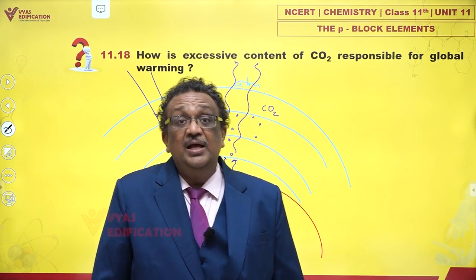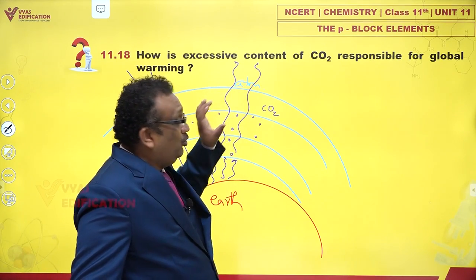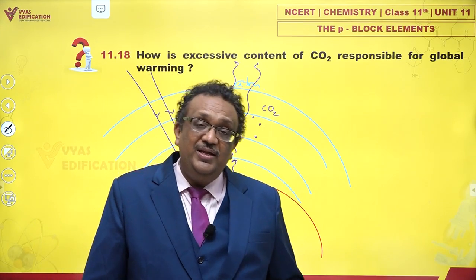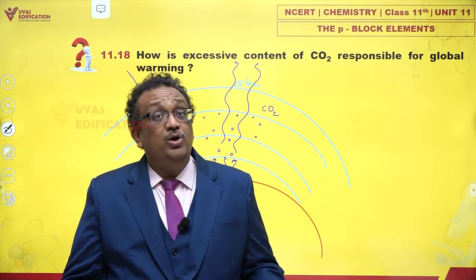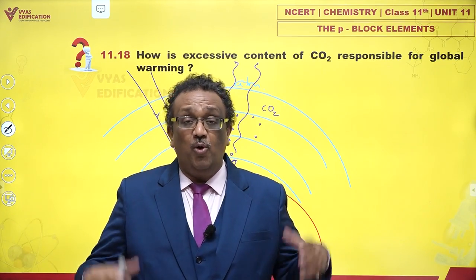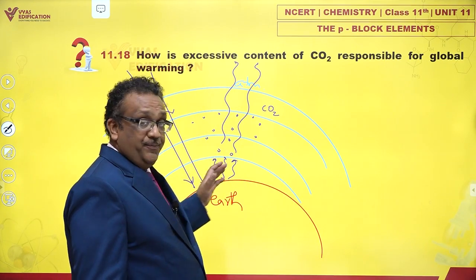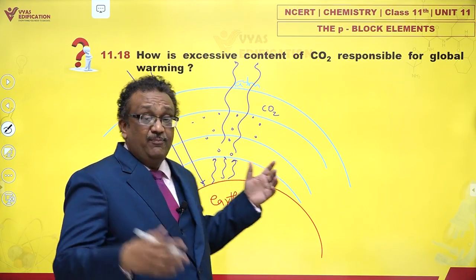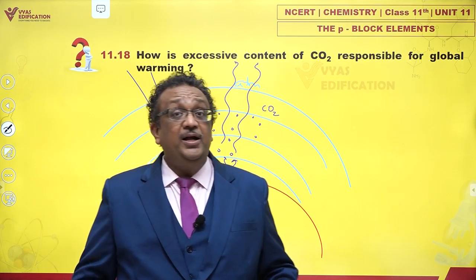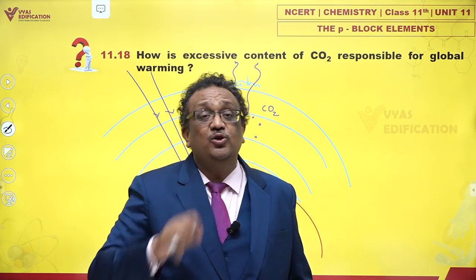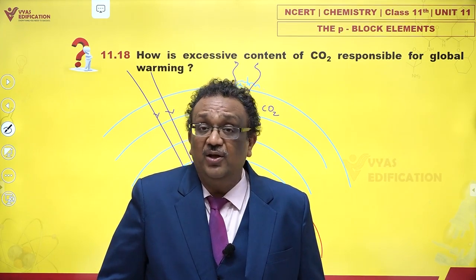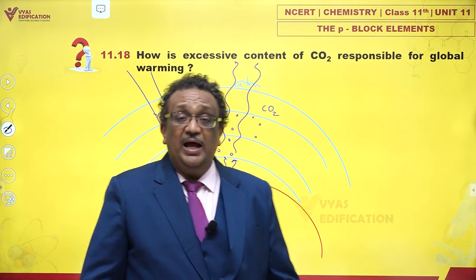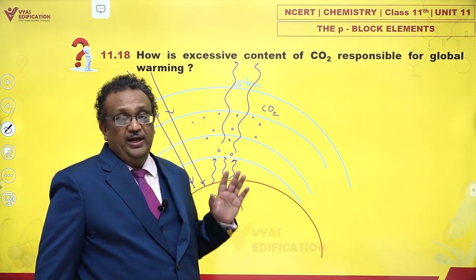So what happens? If CO2 content in the atmosphere increases, that would mean the atmosphere is going to trap more heat than necessary. Whatever heat was being absorbed by the atmosphere, it now begins to absorb more, because the capacity of CO2 to absorb this kind of heat is much more compared to O2 or N2.